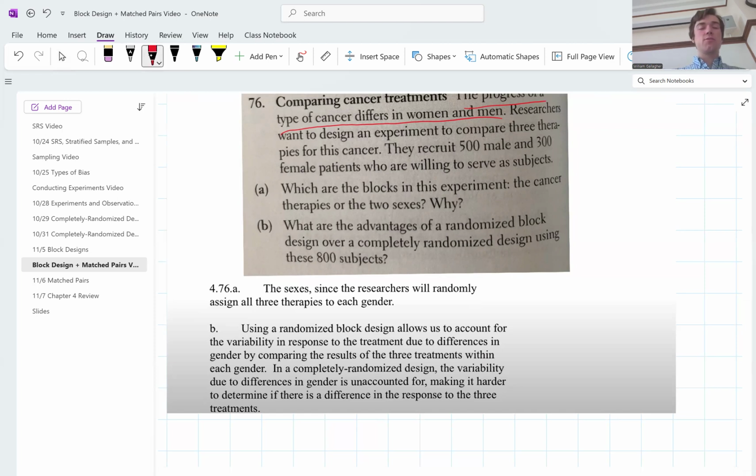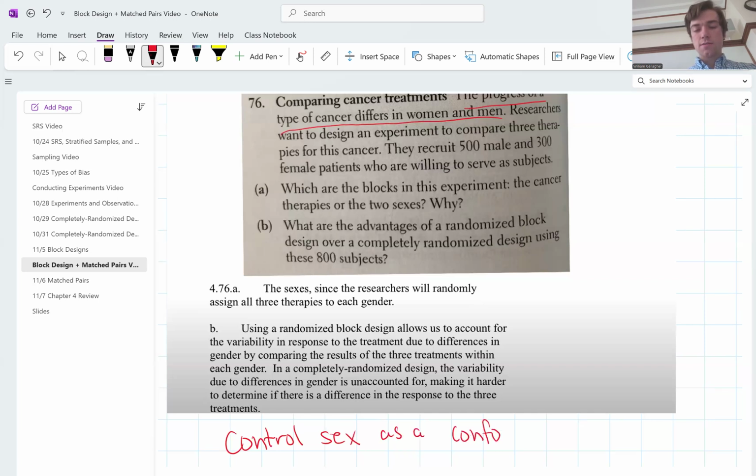So this is actually the question that we answered at the end of the most recent class. And the real idea here, if I can summarize, is that we're trying to control sex as a confounding variable.